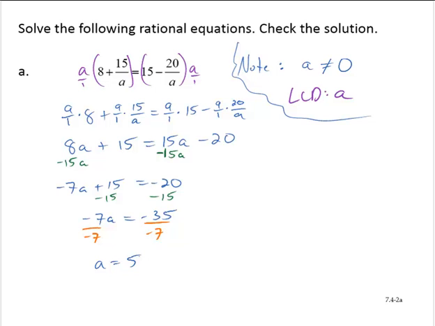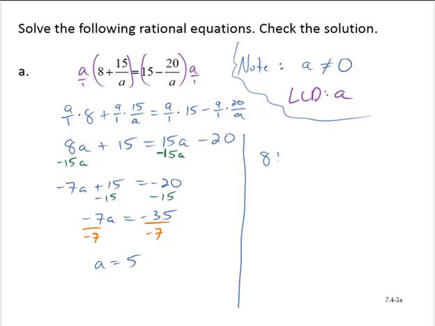Alright, we are asked to check the solution, which is always a good practice. It is very important to check solutions when we're solving rational equations because of excluded values. Now we excluded a equals 0, so I'm not really concerned about that because I didn't get 0 as a solution, but it's still a good idea to check my work.